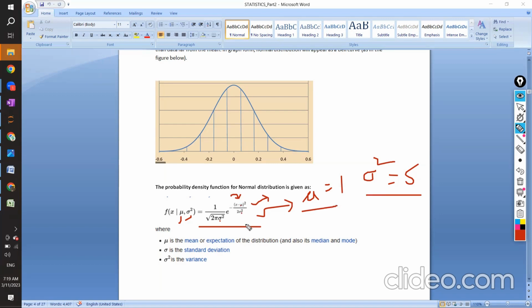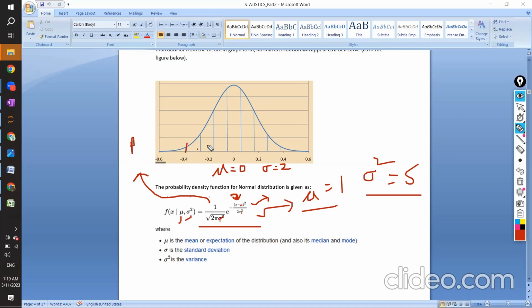And if you have another function, for example, where the mean is 0 and let's say the standard deviation is 2, then you replace rho square with 2 and the mean with 0, and you will get a different equation. Then if you start giving values of x and solve the equation, it will generate the corresponding values of y, which is the probability.